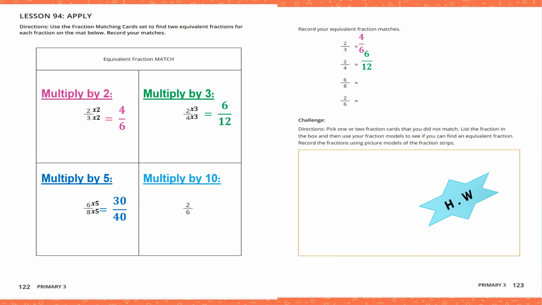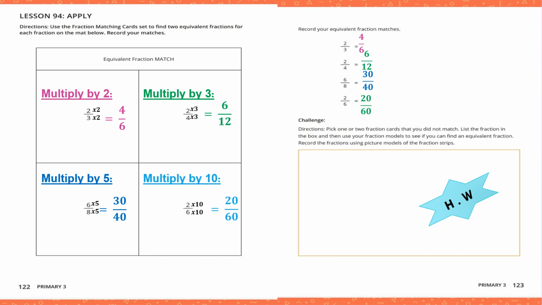And we will write it on the next page. 6/8 equals 30/40. Multiply by 10. 2 times 10 and 6 times 10 equals 20 over 60. So it will be here 20 over 60.